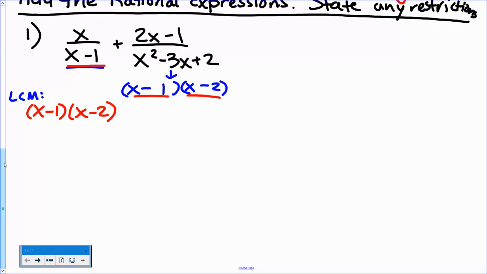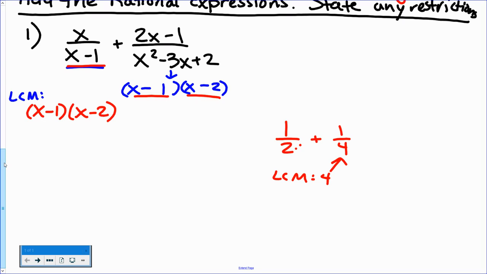Just like if I was adding 1/2 plus 1/4. My common denominator is 4. I would not have to do anything to that fraction to change that denominator because it's the denominator that I want. The least common multiple between 2 and 4 is 4. So think back to that. What do I do then so that they become the same denominator?